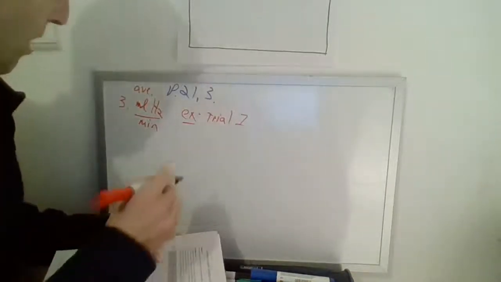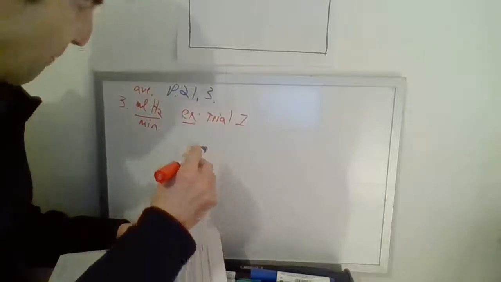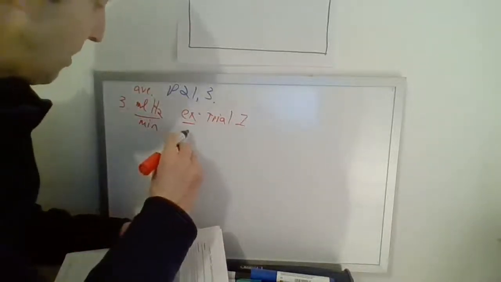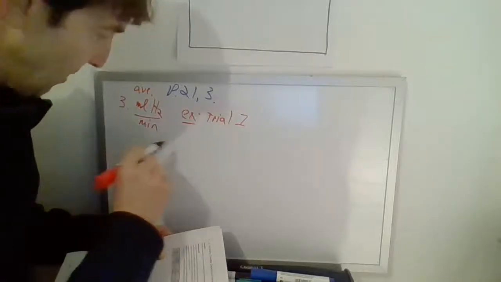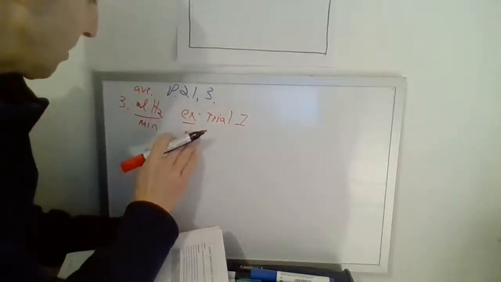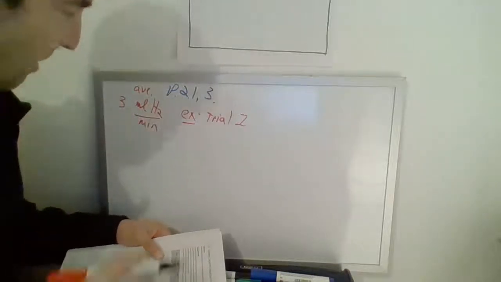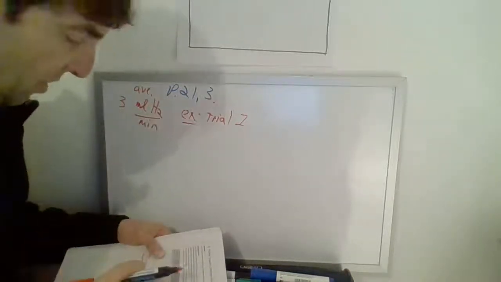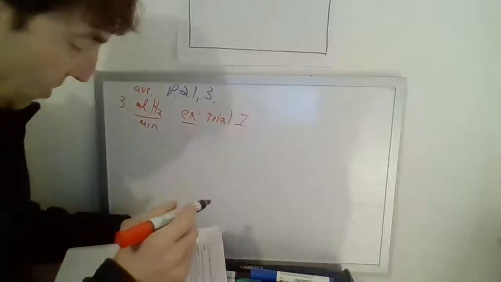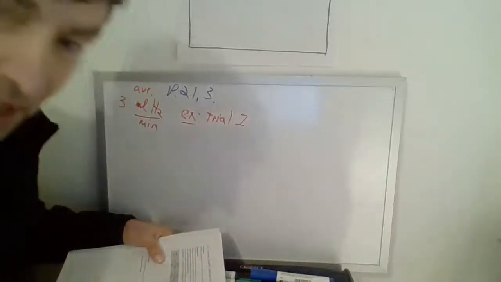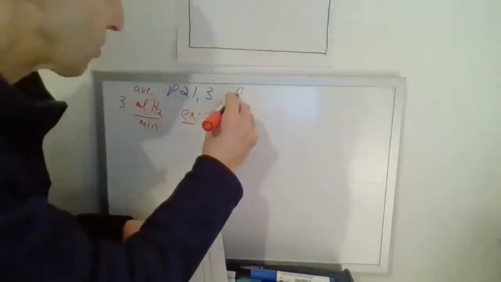Okay, so trial one. Let's go for the first 30 seconds. Oh, sorry, it's milliliters of H2 per minute. So 30 seconds would be half a minute, right, gang? So the first one we have is 12 milliliters. Everybody look on page 20, right? Page 20 is the graph.